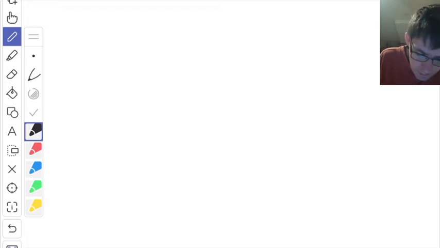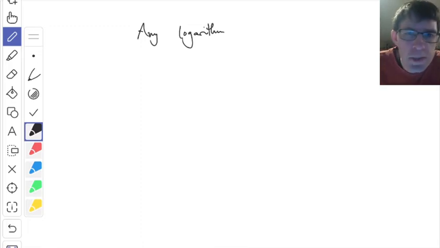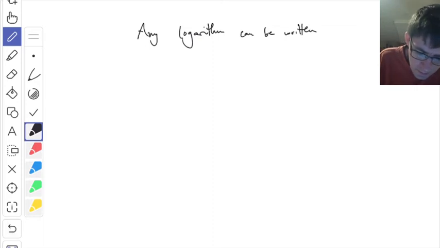So it is a fact that any log, if you have seen logarithms at all, you probably saw this formula that I'm about to share with you. Any logarithm can be written in terms of the natural log.